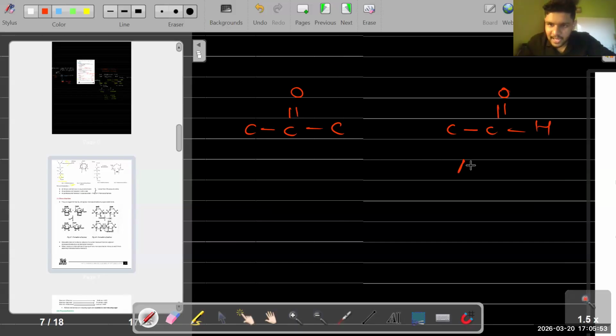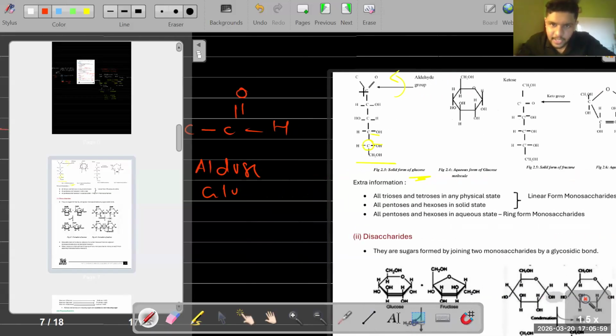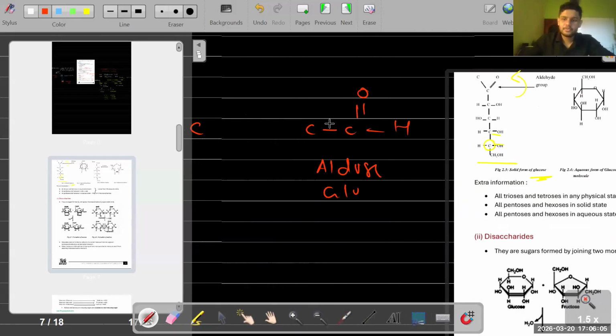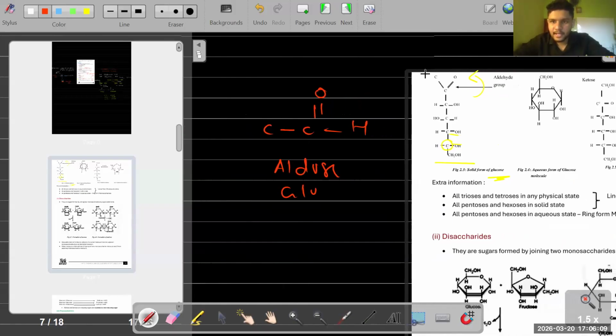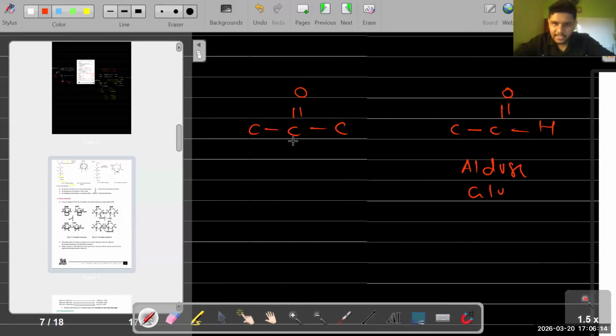So glucose is an aldose sugar, right? Now you might ask, sir, here there are three carbons, how come this is an aldehyde? Sir, there are three carbons and a double bond, and that is seen in a ketone, right? Now this is a ketone, which means it is a ketose sugar, fructose.